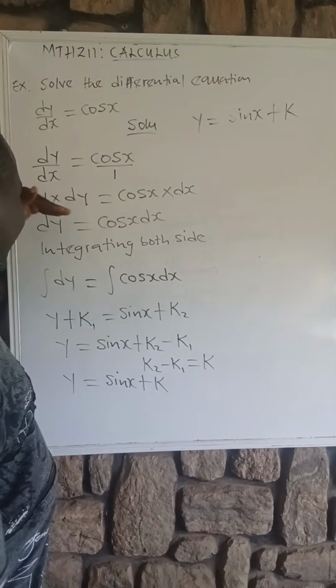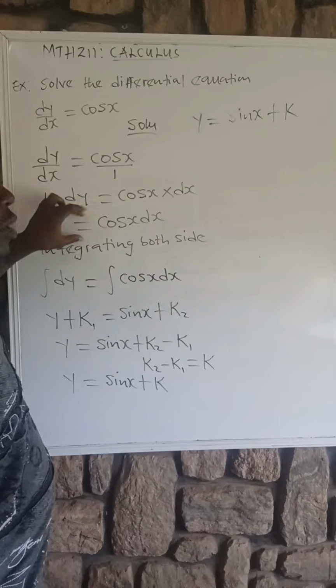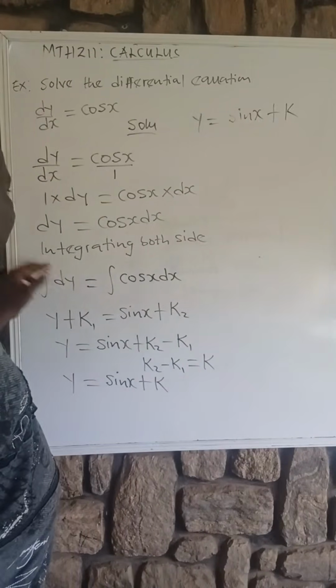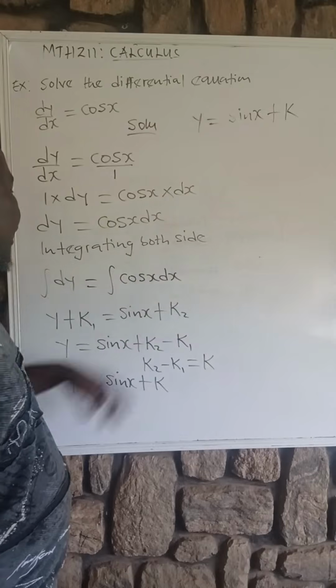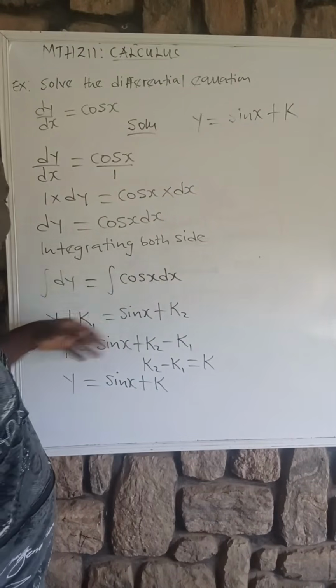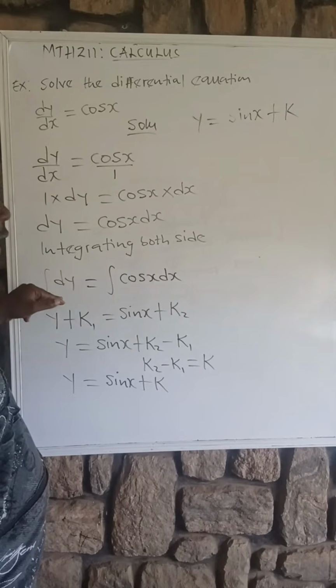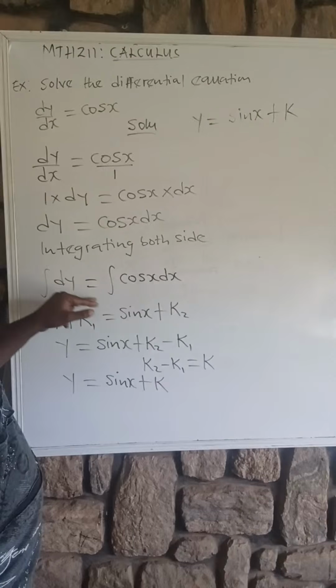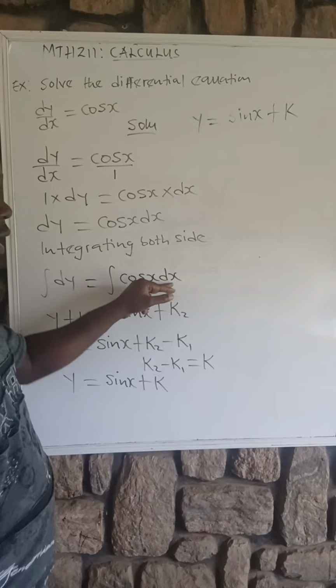So as it is now, you can now integrate both sides. That is why I said integrating both sides. Since we are integrating both sides, you now introduce the integral. Integral dy equals to integral cos x dx.